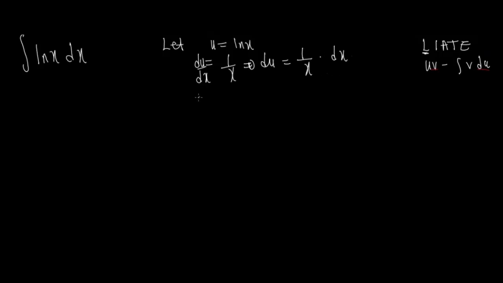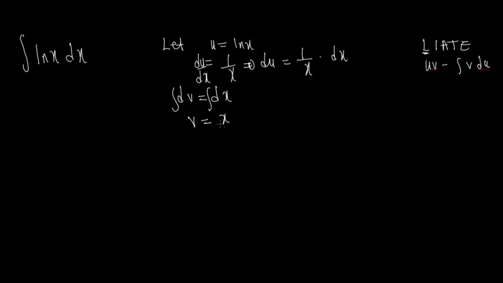Now you need to find v, but you'll have to find dv first. dv is everything that remains after taking u. So when we eliminate ln x here, pretending we don't see it, we will remain with dx. So we need to take the integral of dv. The integral of dv will be equal to v, and the integral of dx will be equal to x.